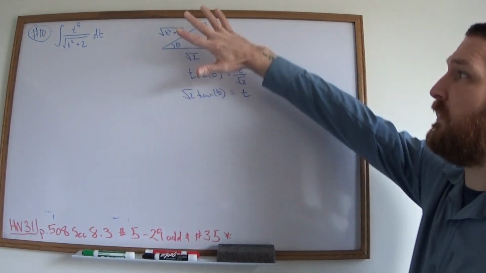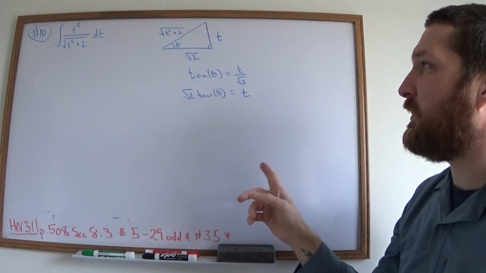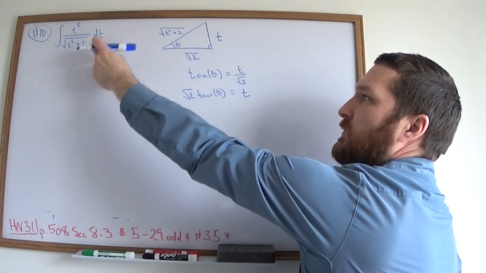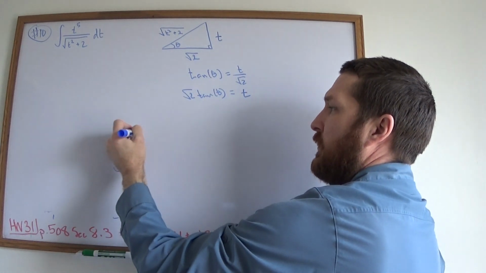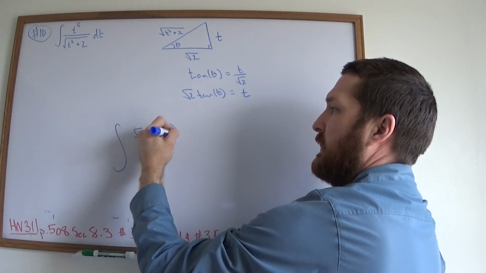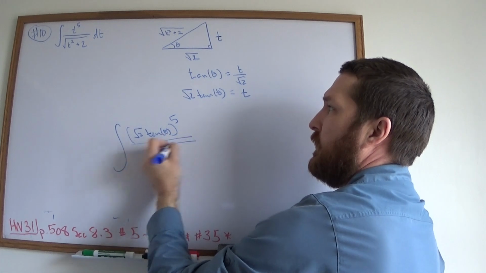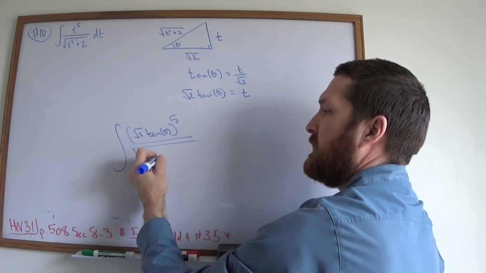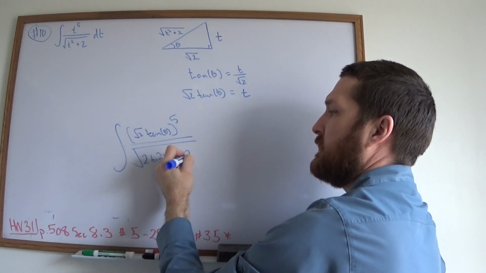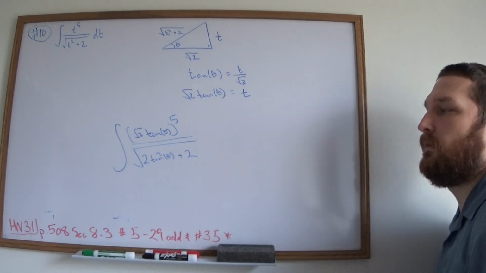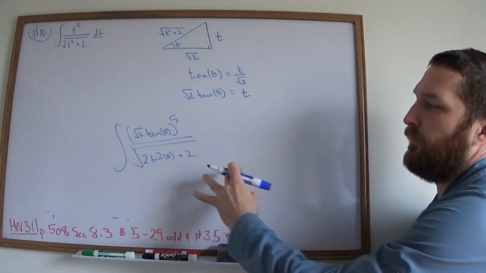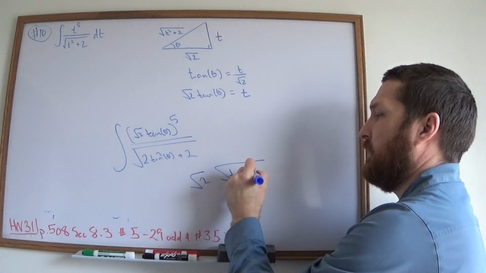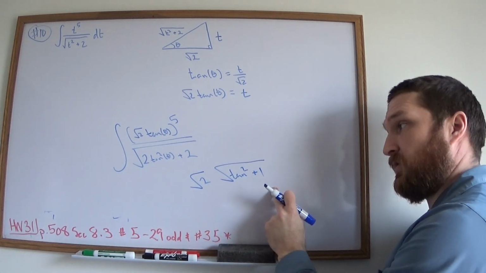So if we weren't doing Justin's method, and we just did what the book said, we would do this right here. And then you could just go through and substitute everywhere that you see a t, and you'd have root 2 tan theta to the 5th over the square root of 2 tan squared theta plus 2. And good luck, right? We'd have to pull out a 2 from under the root so that we'd have tan squared plus 1, which is secant squared.